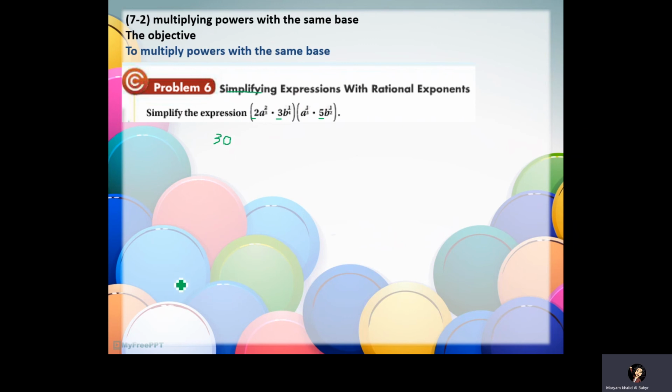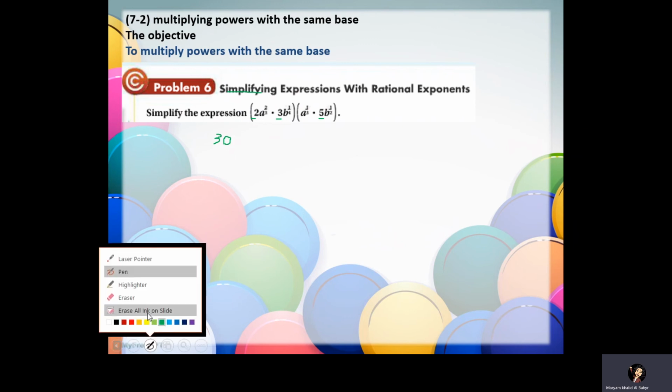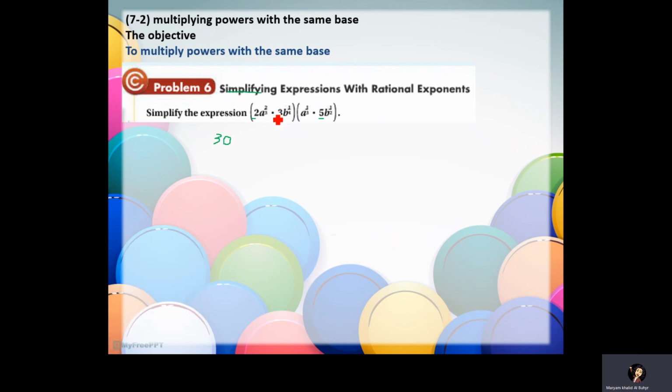Now I will focus on the variables or the exponents that I have. A with A. Let me write them beside each other to avoid confusion. So that is A to the power 2 over 3. I think it's 2 over 3, but I will double check.